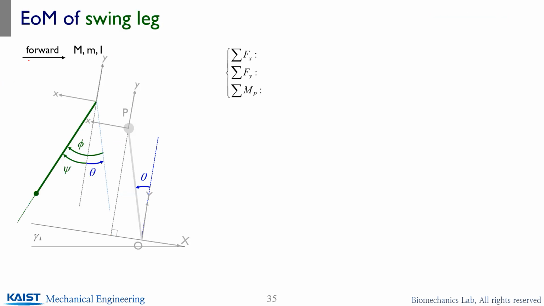Okay, so let's work on the equations of motion of the swing leg first. So there is only one contact of the swing leg with the pelvis. So that contact force will exert the force, which is Fx and Fy, and the gravity. Is that it? Well, your coordinate is attached to the pelvic point, and the pelvic point is what is moving with the acceleration, right?